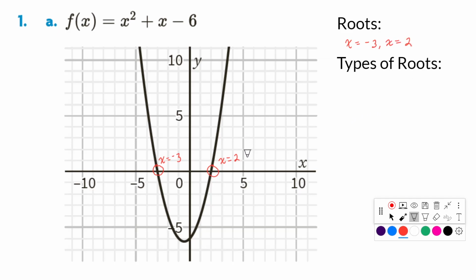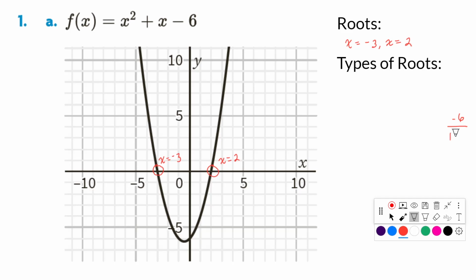Now if I didn't have a graph, another way I could identify my roots is by factoring or using the quadratic formula. Because I know that these have nice integer roots, I know that this quadratic is going to factor. So I'm looking for factors of -6 that will combine to give me 1.